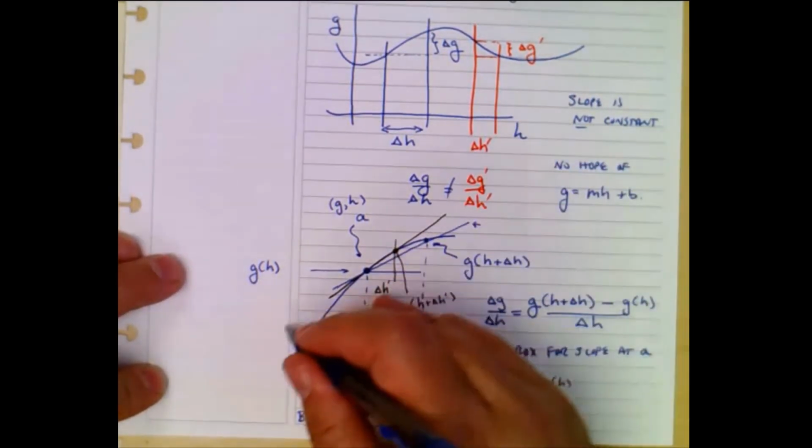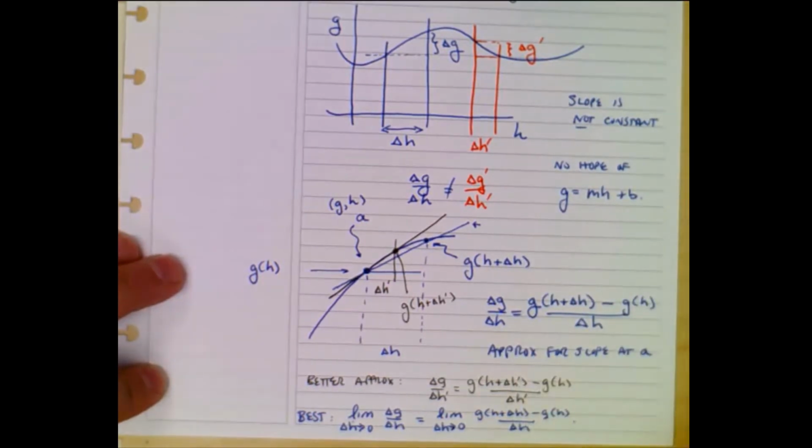The tangent line runs and connects to the curve only at that point of interest. This is what we define as the derivative dg dh.